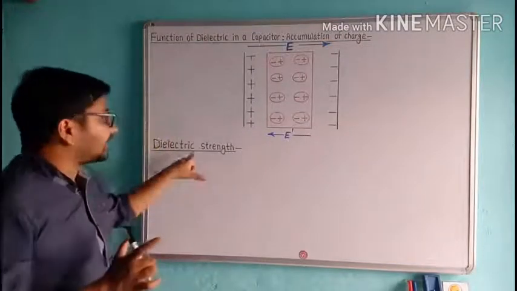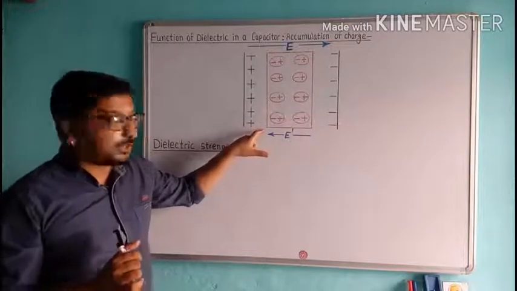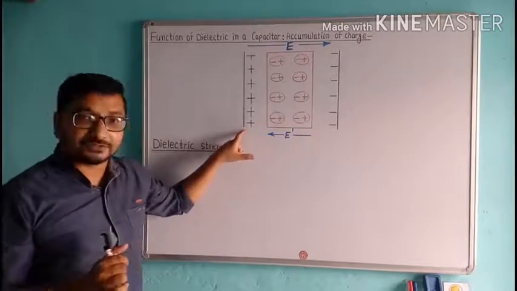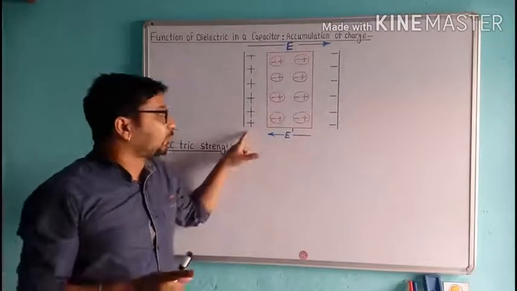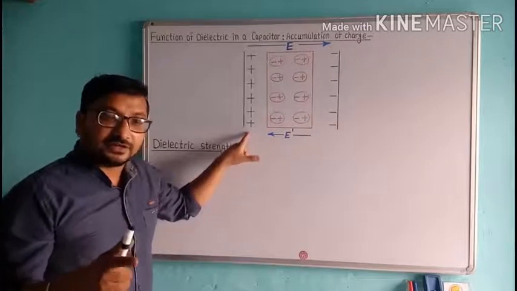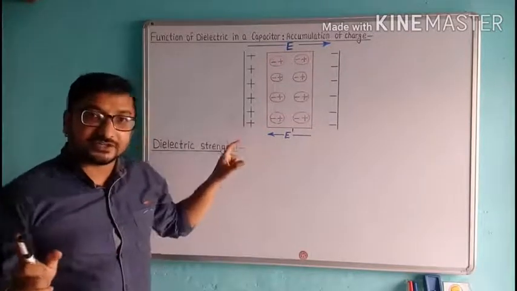Now next is dielectric strength. When we place a dielectric between the two plates of the capacitor and we increase the potential difference between the two plates, then the electric field between the two plates also increases.